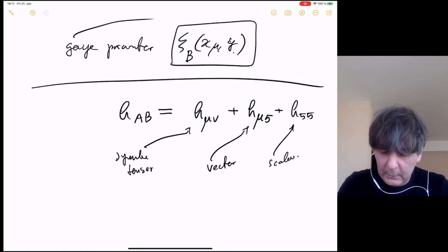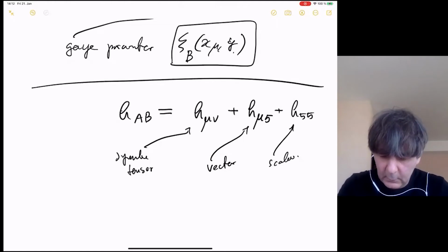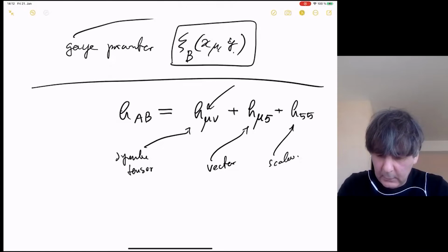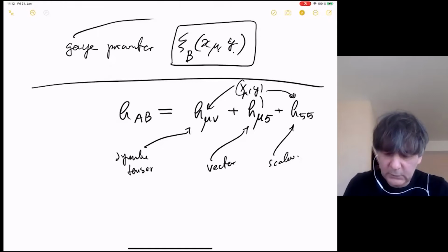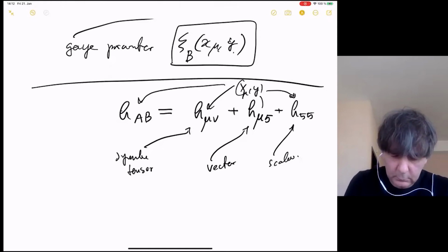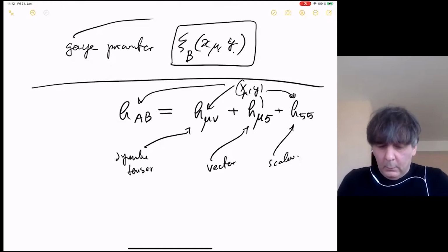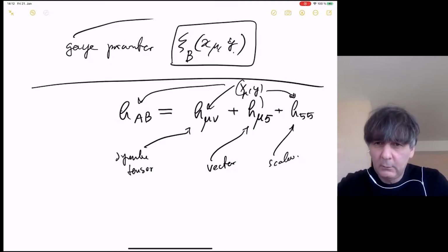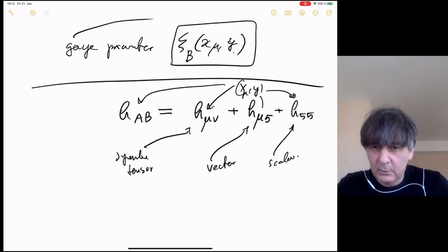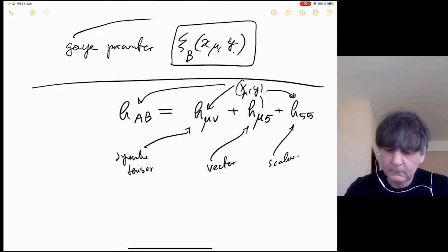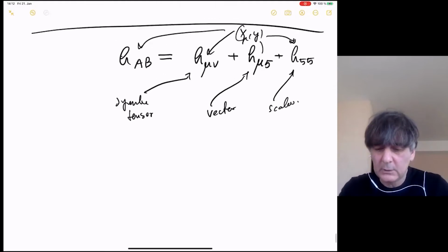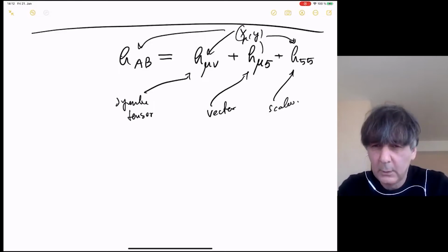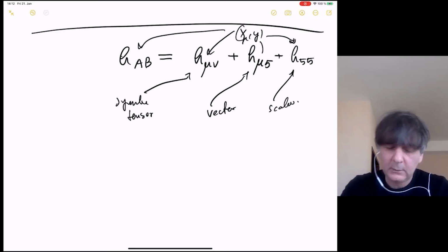Now, of course, these are not 4-dimensional fields. They all depend on two sets of coordinates, x mu and y, just like the original field. And now what we want to do is understand this in terms of purely four-dimensional fields. In order to do this, we have to do dimensional reduction, and dimensional reduction is straightforward.